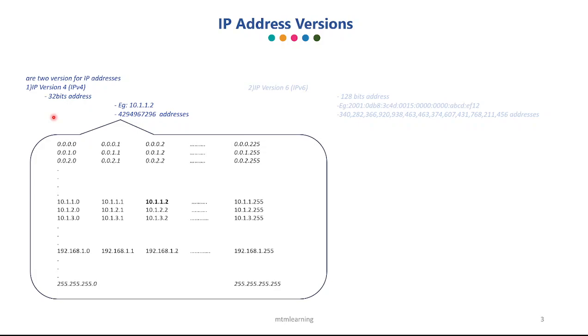For example, let's take one address, 10.1.1.1. This is how an IP address looks. But how do you arrive at this number? What are the ranges of IP addresses available for us to use? If you see, it starts from 0.0.0.0, and then the next address is 0.0.0.1, and then it goes .2, .3, and so on till .255.